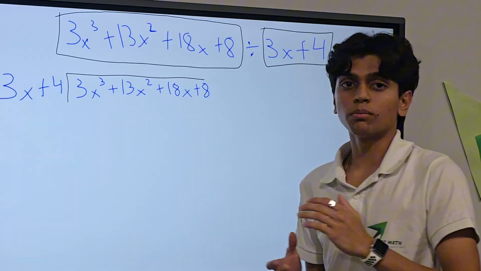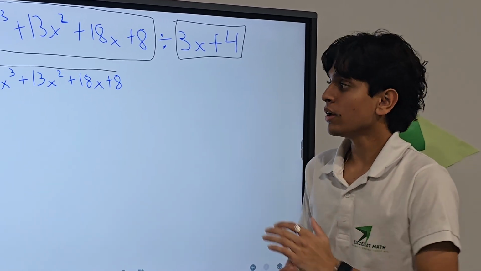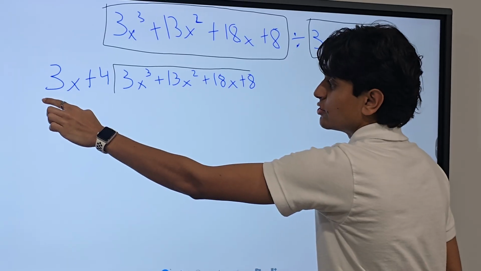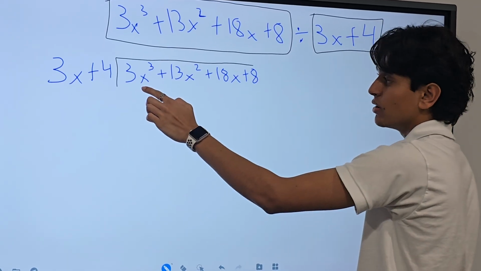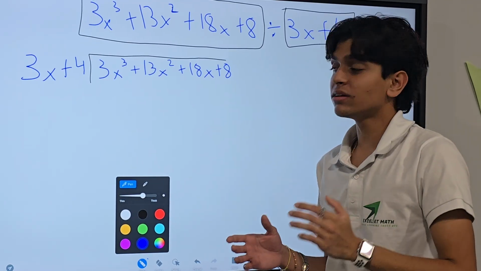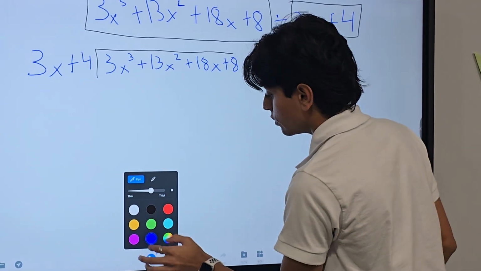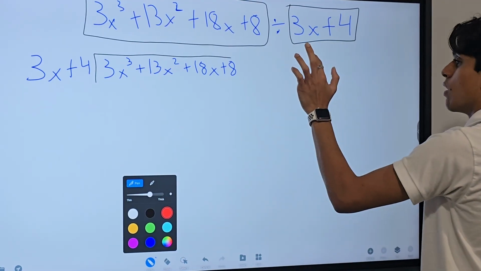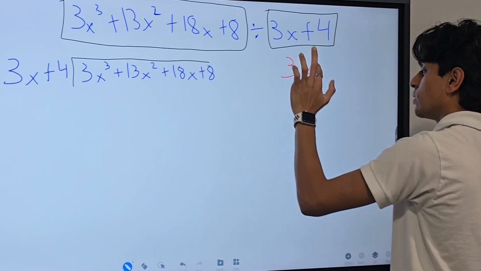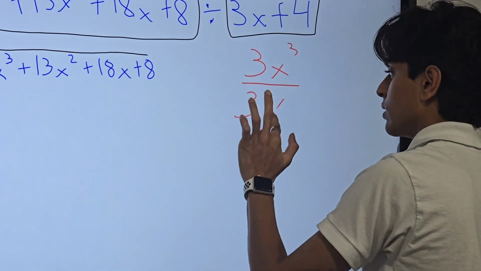Now let's start by solving the problem. When we're doing long division, we want to focus on the first term. So let's look at our first term for the divisor, which is 3x, and our first term for the dividend, which is 3x cubed. Now we want to figure out how many times the 3x can go into the 3x cubed. So we can do that by dividing. We can take our 3x cubed and put it over our 3x.